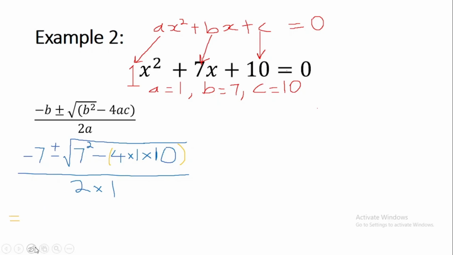So we're going to have now our minus 7 plus or minus, the square root of. So 7 squared, 7 times 7 is going to be 49.